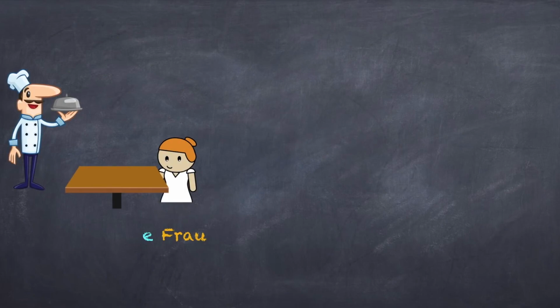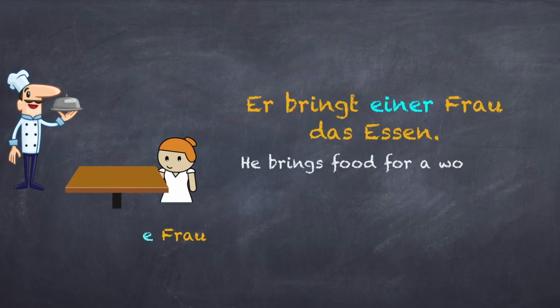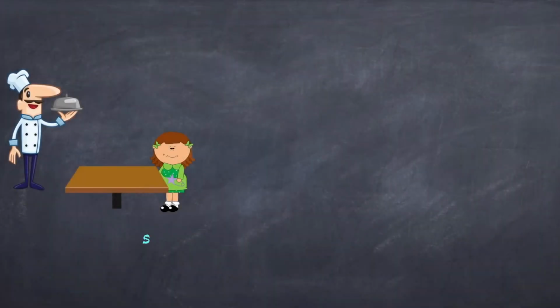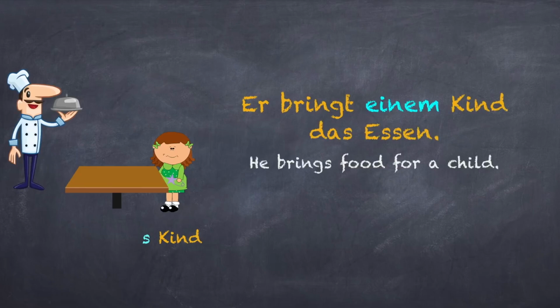Moving to the feminine case, er bringt einer Frau das Essen. Eine changes to einer in dative. Let's move to the next article. Er bringt einem Kind das Essen. Ein changes to einem in dative.